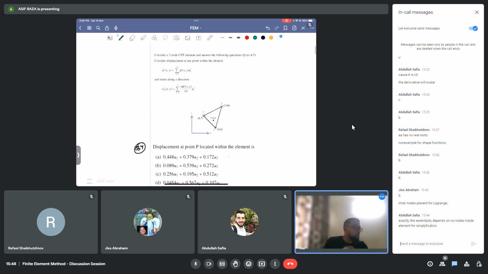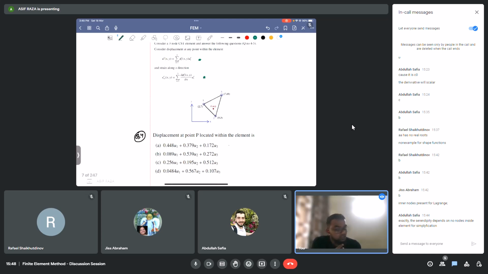Okay, let's solve this question. Consider a 3-node CST element, constant strain triangle element, and answer the following questions 4 to 5. Consider displacement at any point within the element as this, and strain along the x direction as this. So we are given an element like this.